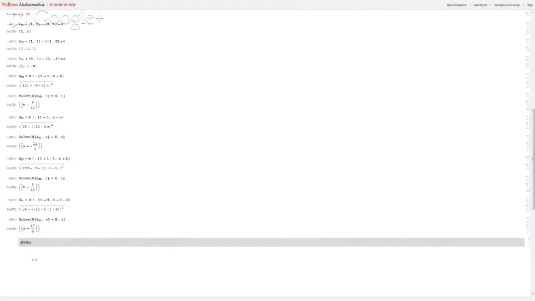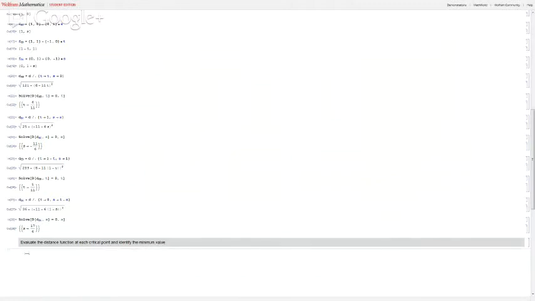Now, evaluate the distance function at each critical point, and identify the minimum value.